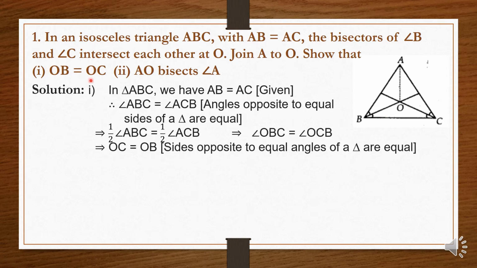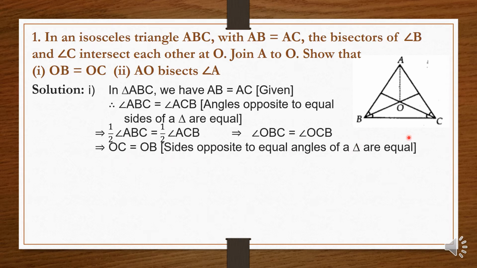For this particular proof, we are choosing angle OBC. So half of ABC is equal to angle OBC, and half of ACB similarly would be angle OCB. So we are getting angle OBC is equal to angle OCB.